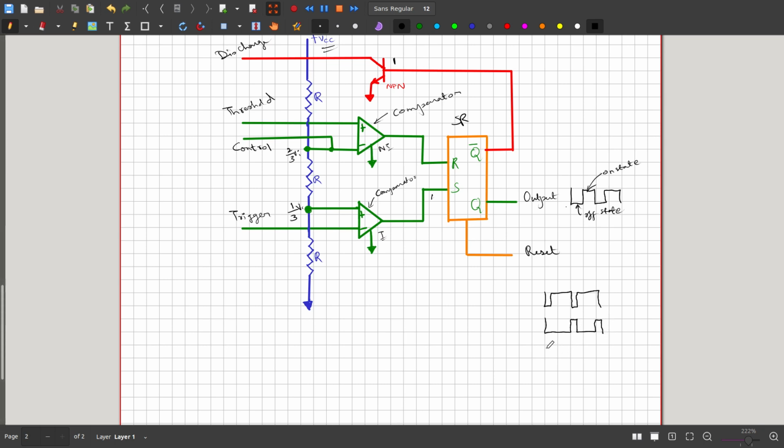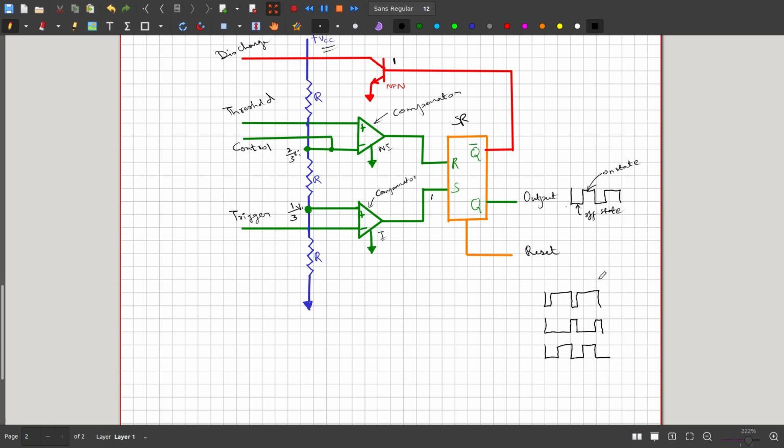Also we can make equal on and off states. So we can modulate the pulse width. Using external circuitry, we can shape the width of this square wave. Such an oscillator is called a multivibrator.